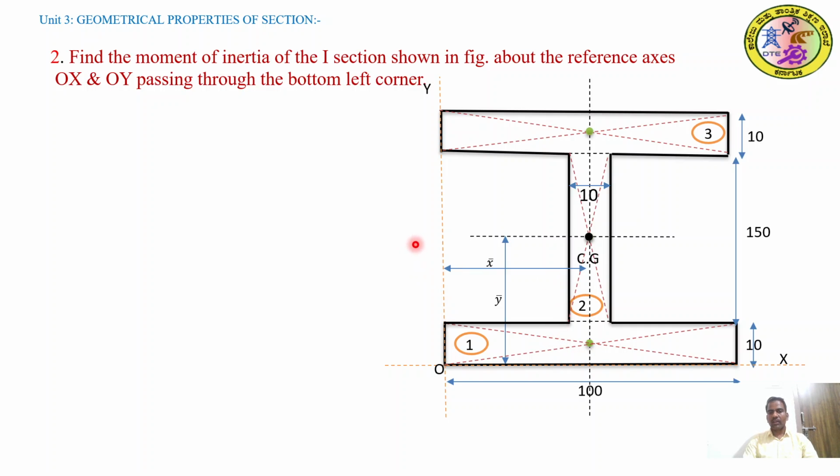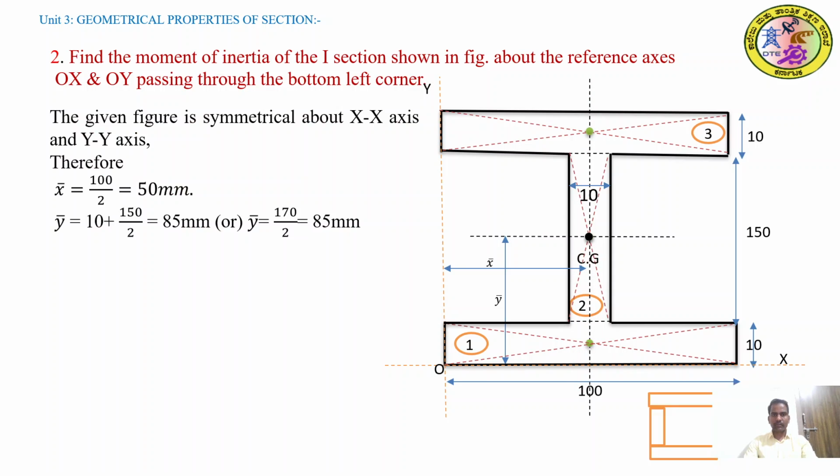If we provide the XX axis and YY axis at the center of the I section, the I section is exactly symmetrical about both the YY as well as the XX axis. Therefore you can convert the I section into two rectangles: one total rectangle, the total depth of the section, as well as another, the removed portion, as another rectangle.